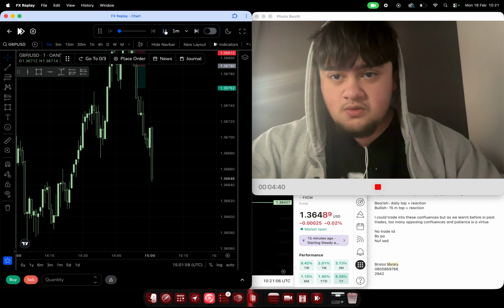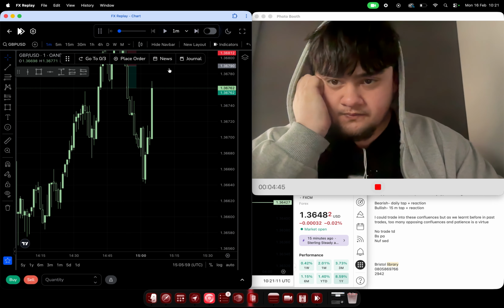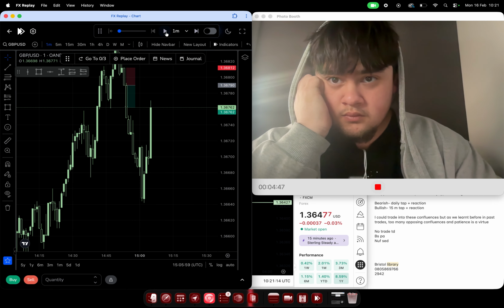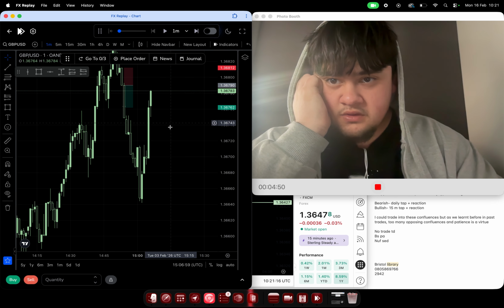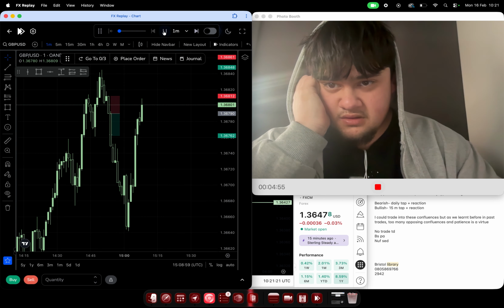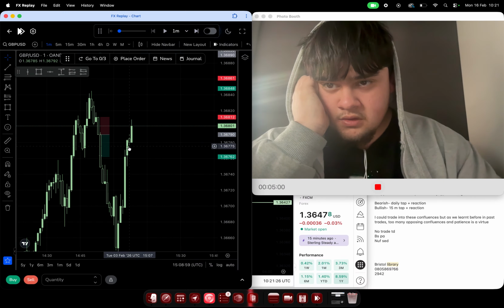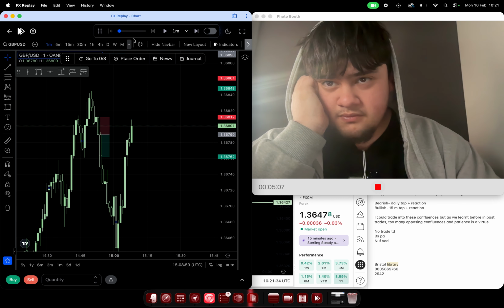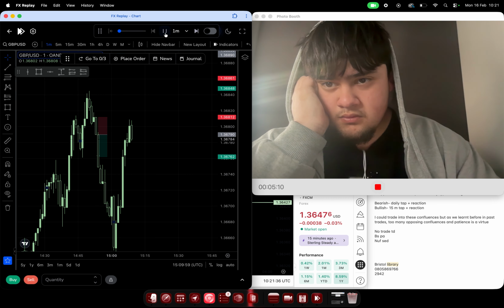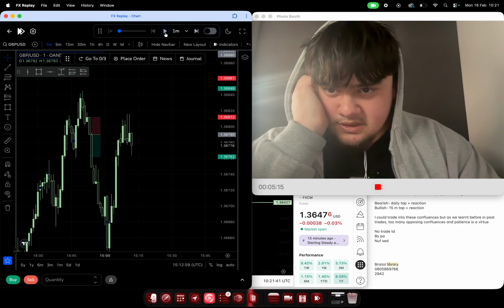Keep playing it, see what else we can look at. So it's changed direction, it's now coming up into an uptrend. Tap, closure above, but then you got opposing confluence, this fair value gap. That's a sweep.